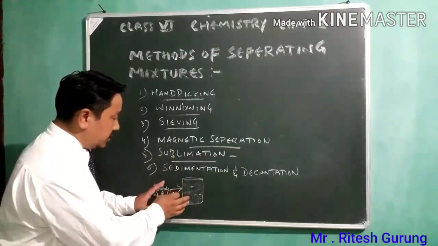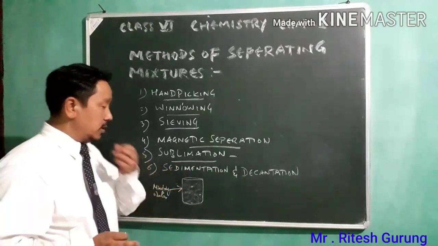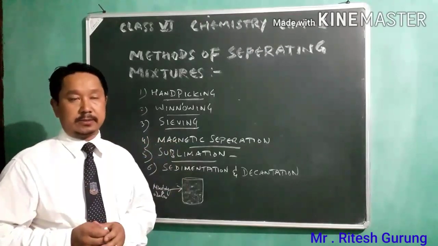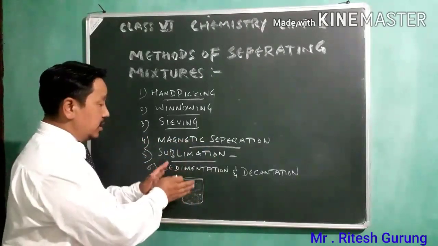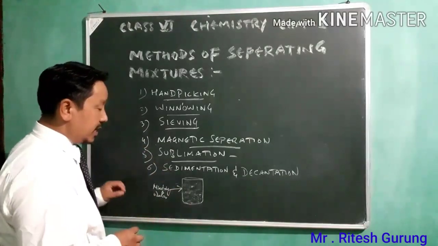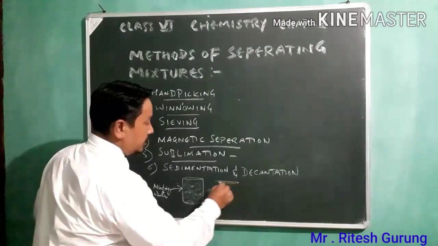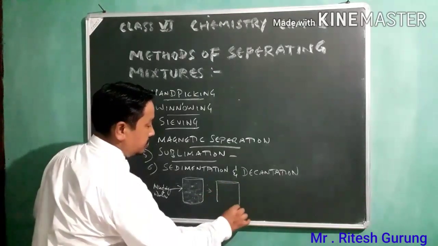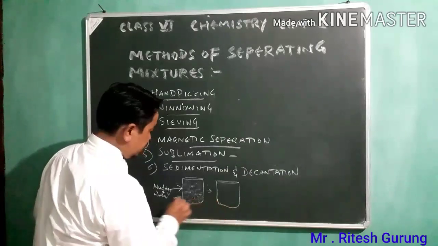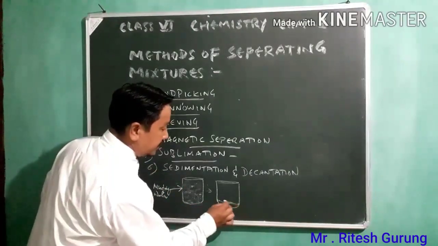So if you allow this muddy water in this container to remain for some days, one or two days, what happens is that here in this beaker, these insoluble substances will be settled down here.